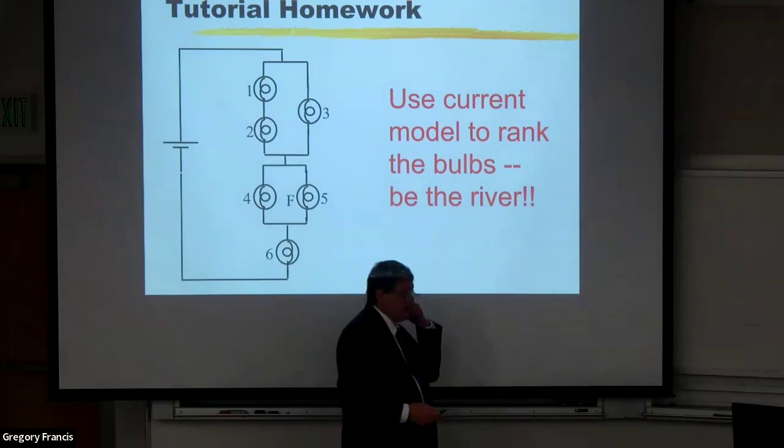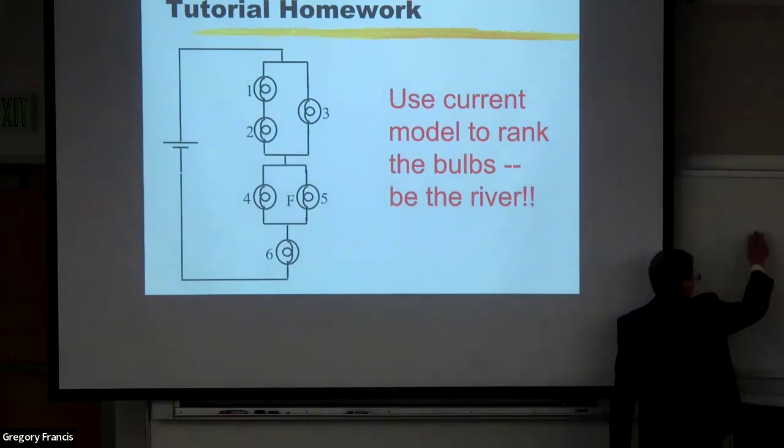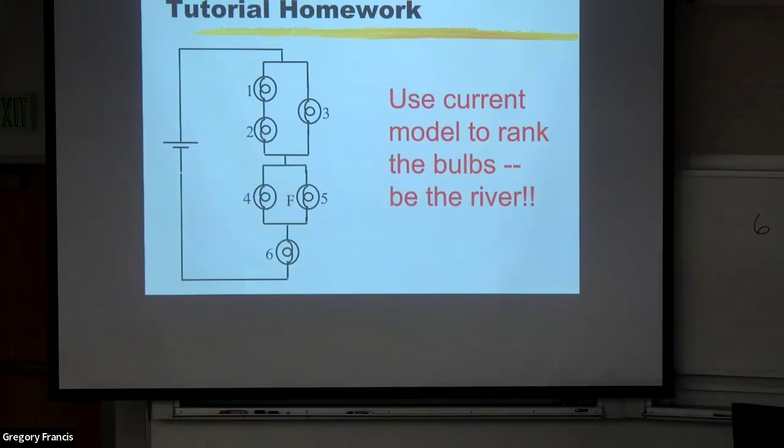The 6. Okay, all the current goes through 6. So it's going to be the brightest. Let's go around counterclockwise. When it gets here, it splits 50-50 or some other way. 50-50, so they each get half the current. It comes back together, it splits here 50-50 or some other way. So this one gets more than half, so it's going to be the second brightest.